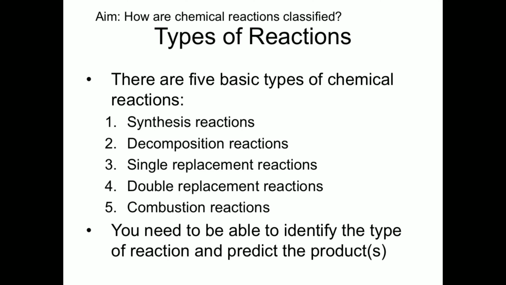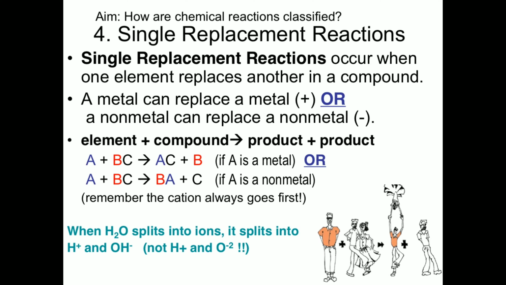So there are 5 major types of chemical reactions. In video A, we talked about synthesis, decomposition, and combustion. So this video will focus solely on single replacement and double replacement. If we take a moment to look at this diagram to the right, we can see that single replacement involves a single element and a compound.